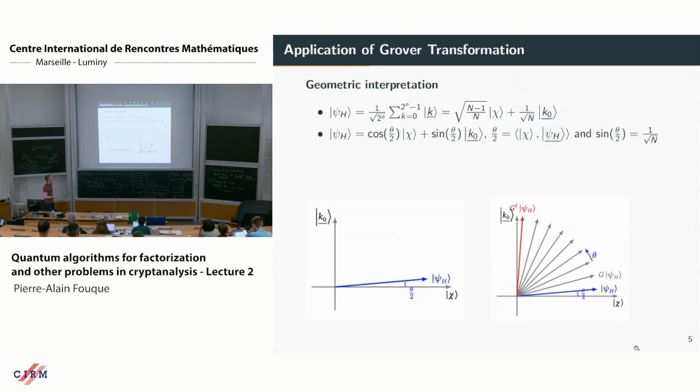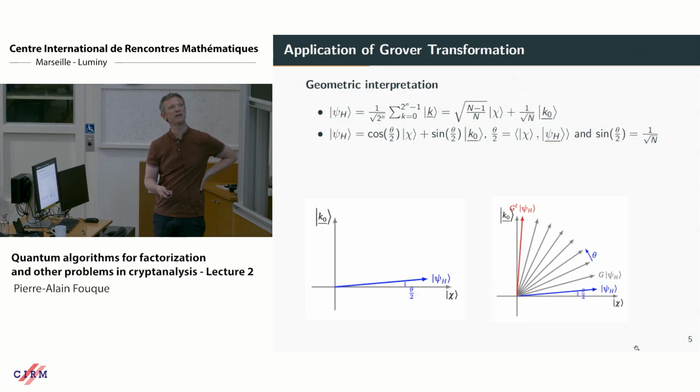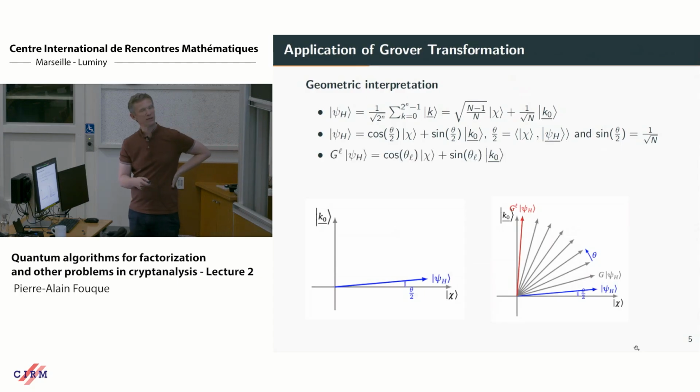You will be able to do this many times, always with the same theta, and at some point the angle between ket 0 and that state will be very small, and here we will observe the state. So this is the main goal. After applying the step L times, the angle will be theta L, and it will be closer to the orthogonal state here.